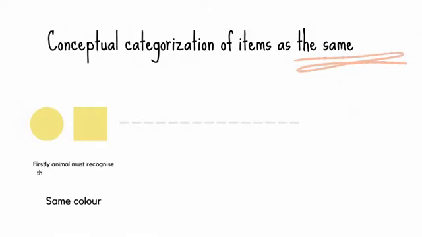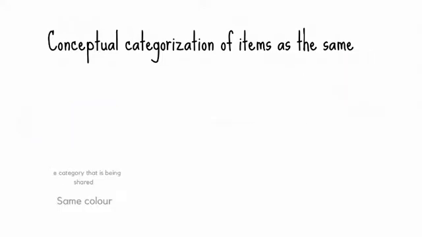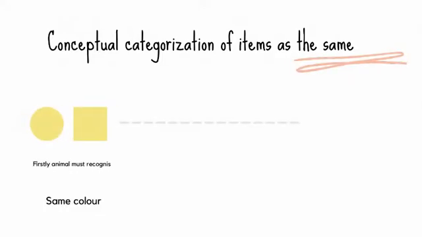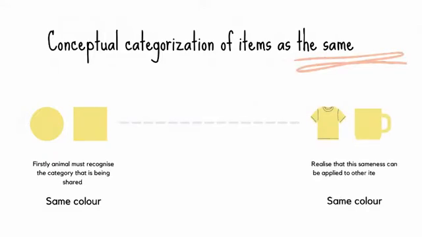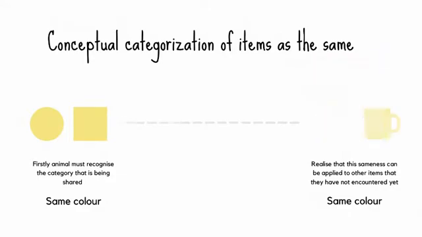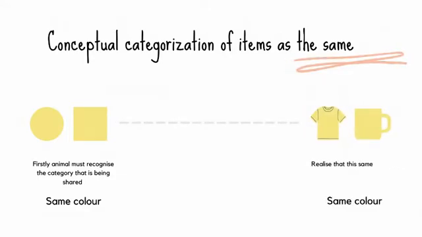For example, here, what's the same? It's the same color. If you were to ask a parrot, they would know what's the same here. They will say yellow, the fact that they're both yellow. If you teach them this, they can then apply the sameness to other items that they have not encountered yet.